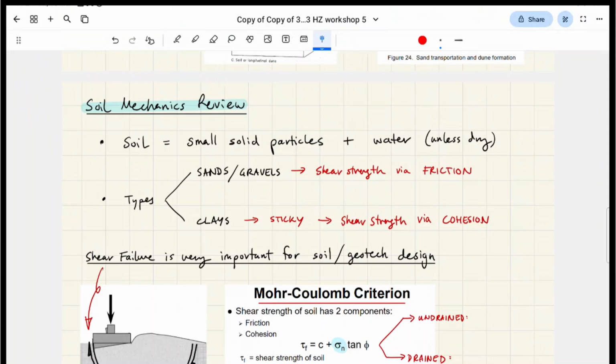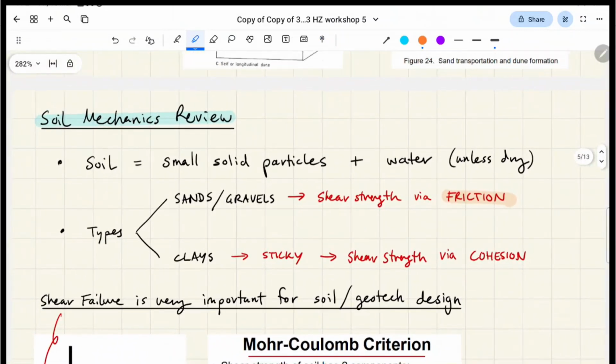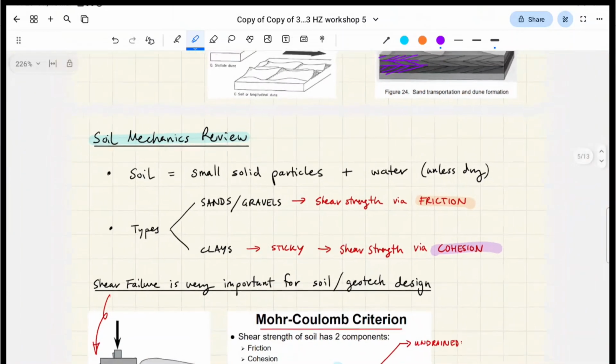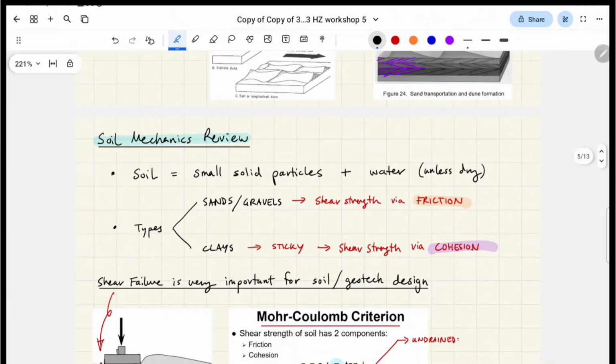They get their strength in shear through friction, right? And then we have our clays as well. And clays basically are sticky, like an adhesive. Their shear strength comes from their cohesive property, the ability to stick together. That kind of makes sense, right? So that's soil in general.